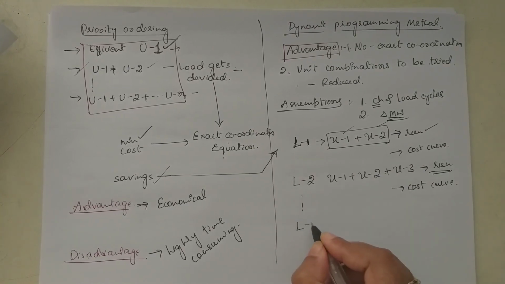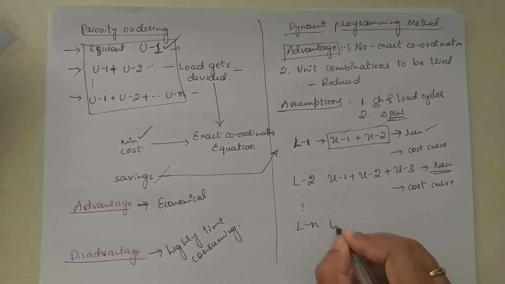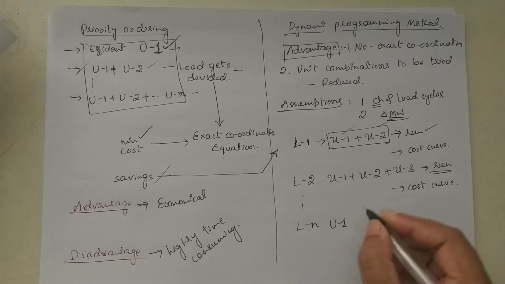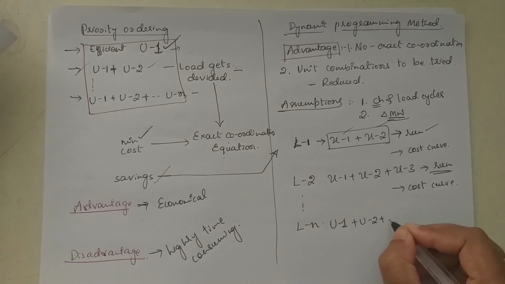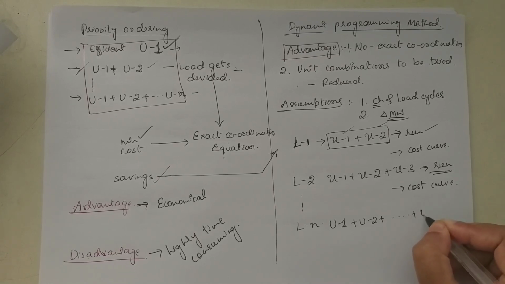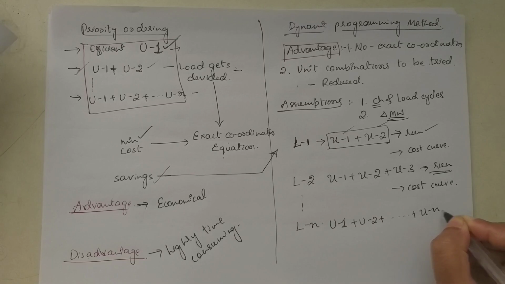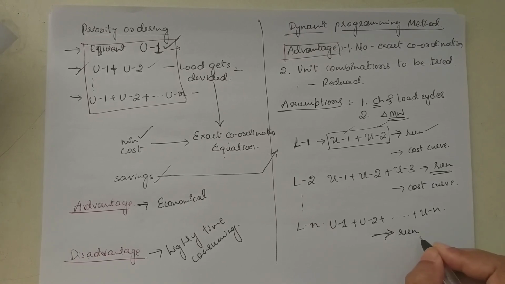And so on, in the nth level, the most priority unit 1 and most priority unit 2 are followed by the least priority unit, loaded. Here the program needs to be run and the cost curve needs to be obtained.